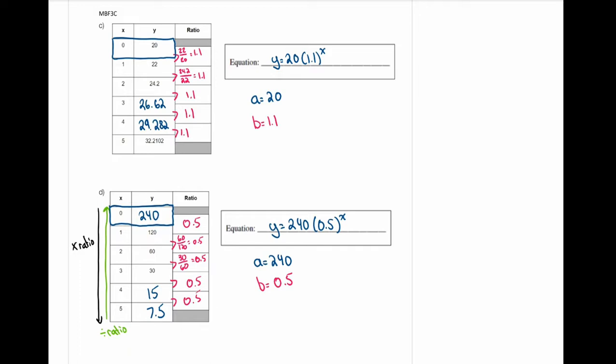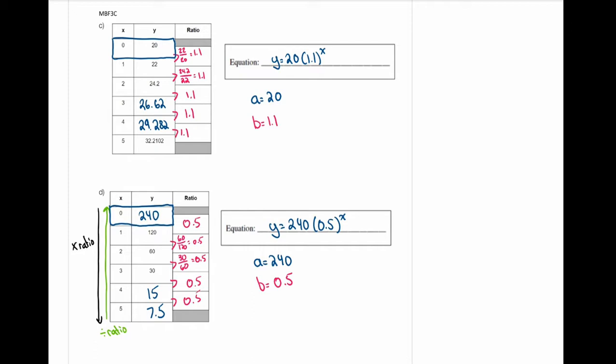Additionally, we could have come up with our equation, which was y equals 20 times 1.1 to the power of x, again using the ratio and the a value, and plugged in 3 and 4 to find those two missing boxes.